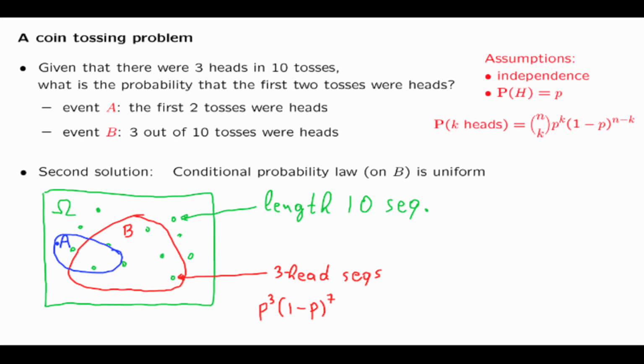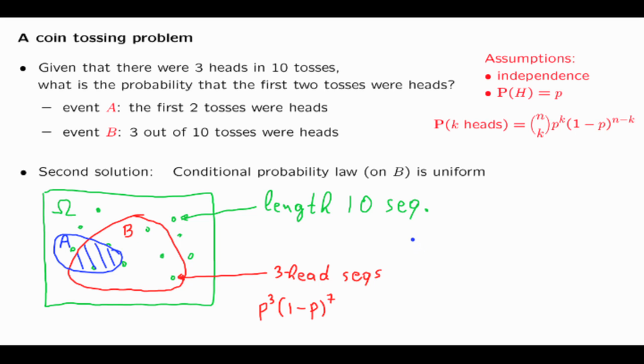Now, given that B occurred, this part of A cannot happen, so we're interested in the probability of outcomes that belong in this shaded region, those outcomes that belong within the set B. To find the probability of this shaded region occurring, we just need to count how many outcomes belong to the shaded region and divide them by the number of outcomes that belong to the set B. That is, we work inside this conditional universe. All the elements in this conditional universe are equally likely, and therefore we calculate probabilities by counting.